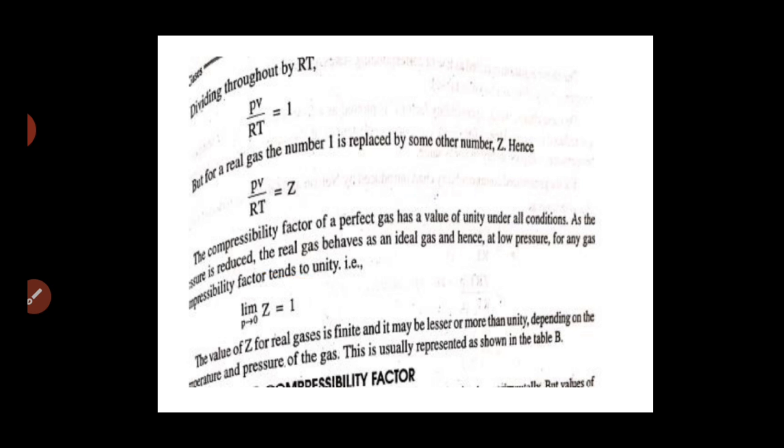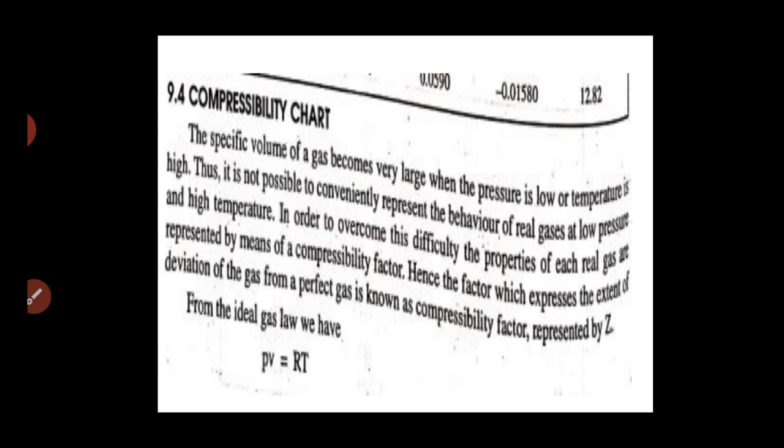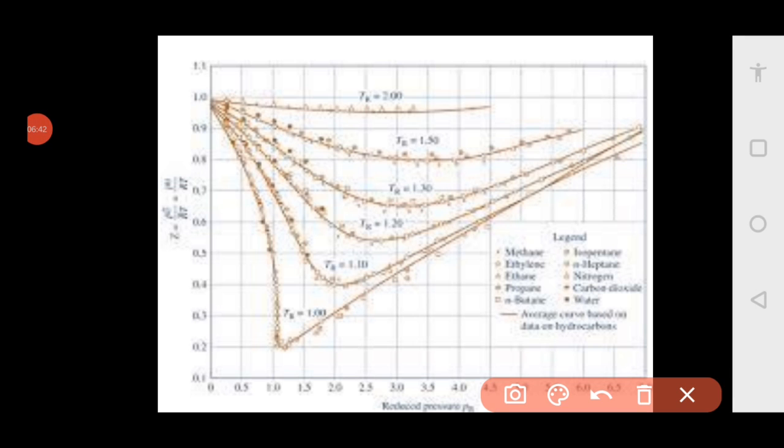Now 0.144 reduced pressure means it is very close to this value near 0.14, because next is 0.5 only. So this is the line which is nearing 0.144, that is the reduced pressure.